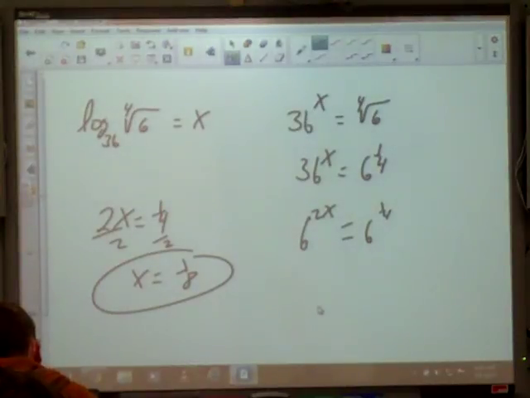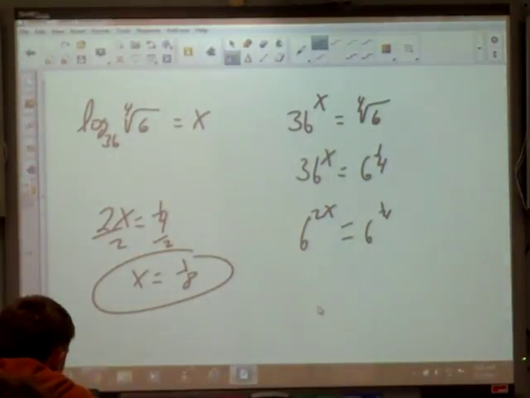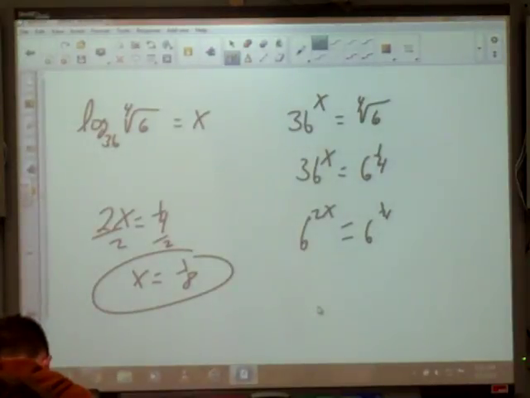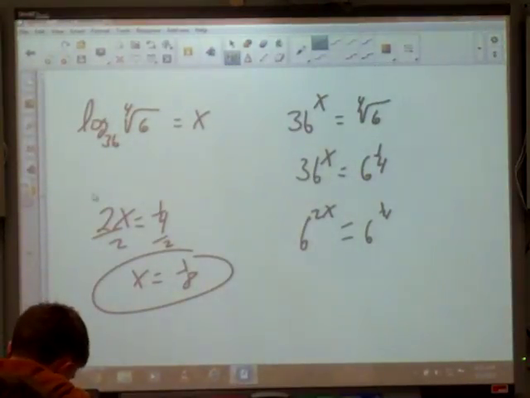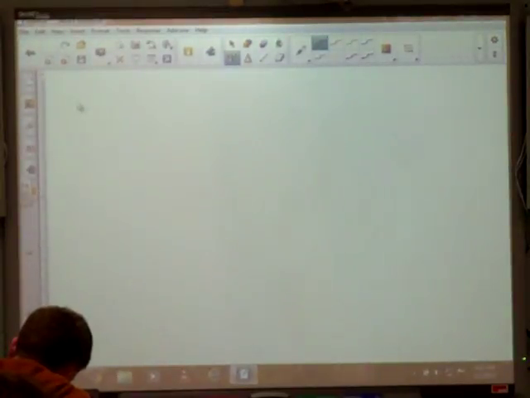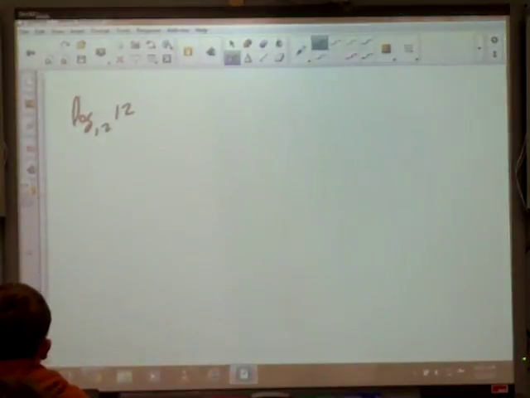Alright, I'm going to show you some special situations now, and then I'll talk to you about how to use your calculator when you can on these, and we'll be getting there. Let's look here. Let me just throw a bunch of these up here at once. Log base 12 of 12.